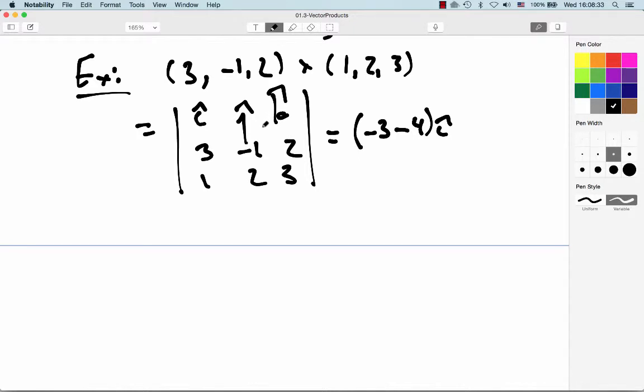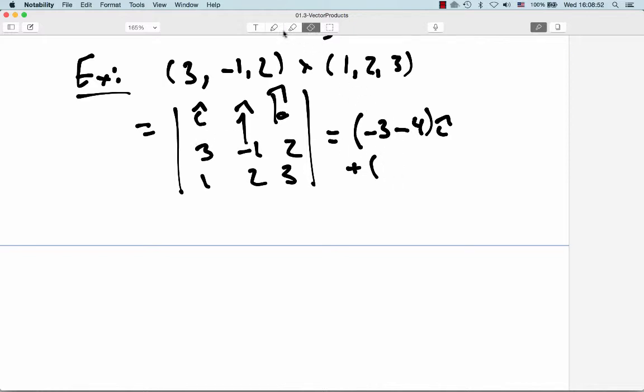Then for the j hat piece here, I will have a plus 2 times 3 is 6. Sorry about that.